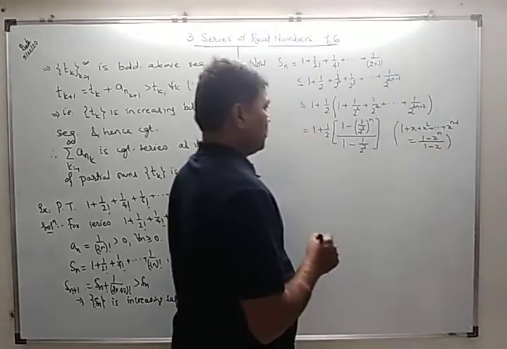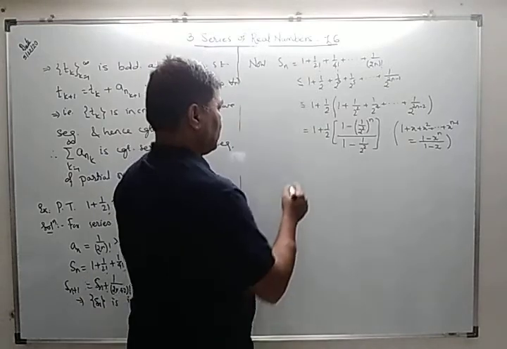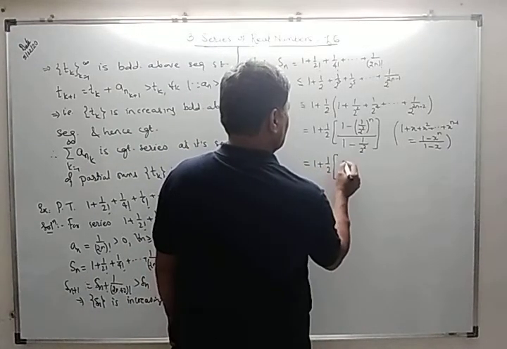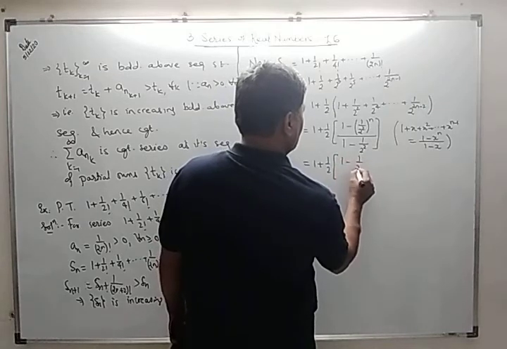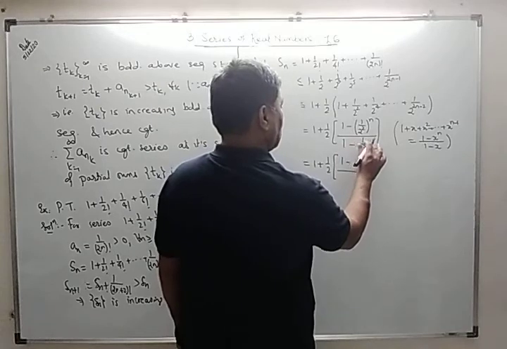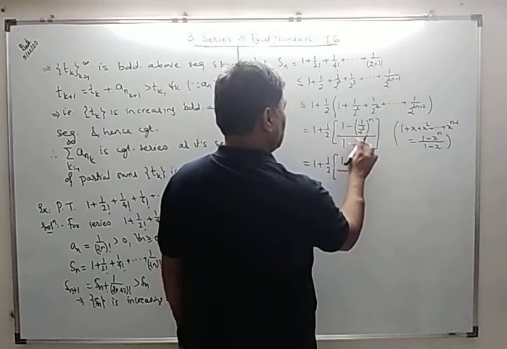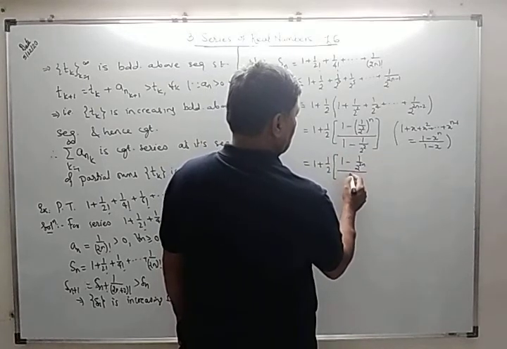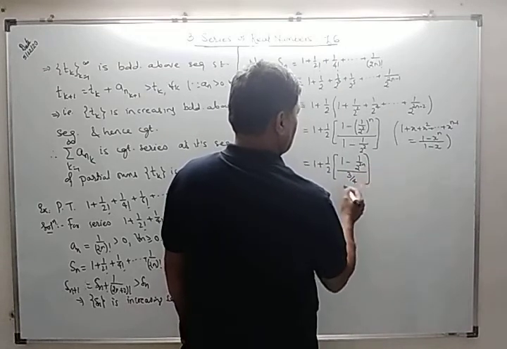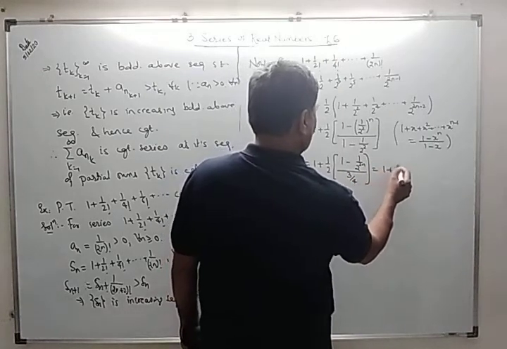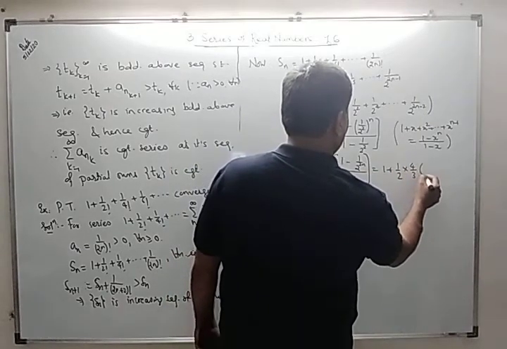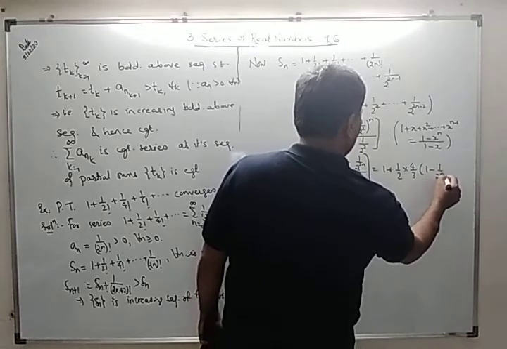By using this, we will get this one. So, which is nothing but 1 plus half into (1 minus 1 upon 2 raised to 2n) upon (1 minus 1 upon 4, that is 4 minus 1, 3 by 4), which is equal to 1 plus 1 half into 4 by 3 into (1 minus 1 upon 2 raised to 2n).